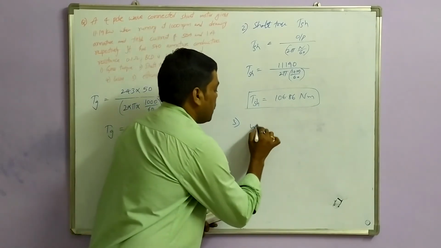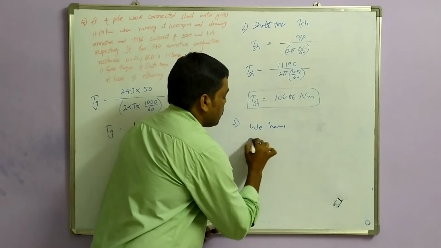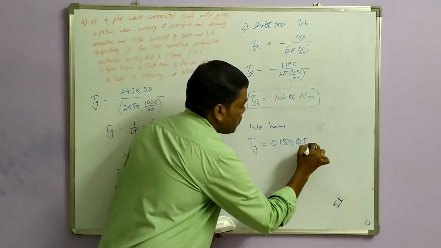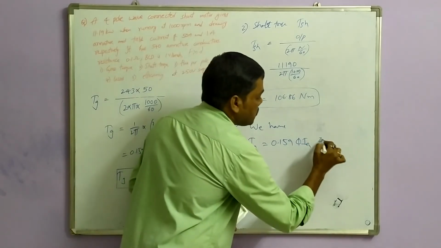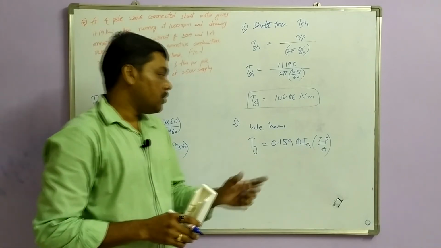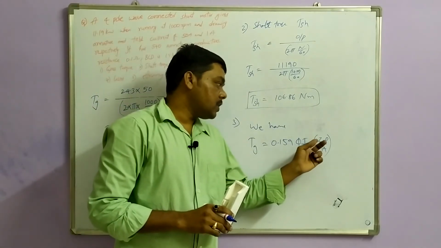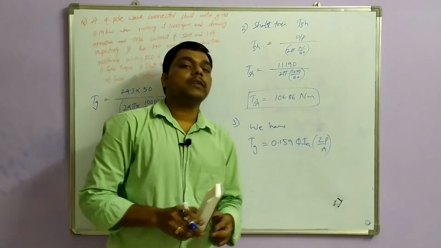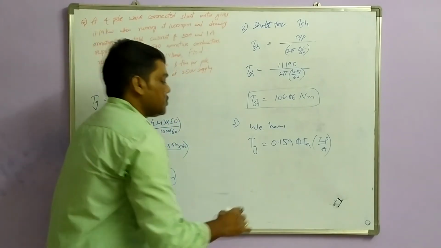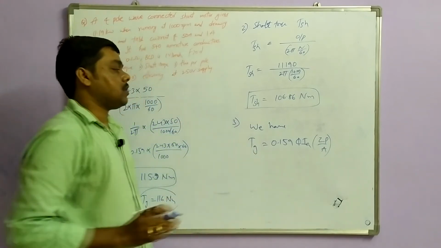Now we have Tg is equal to 0.159 flux into Ia into ZP by A. Now you observe here, we are having Ia, we are having Z, we are having P, and the number of parallel paths also. Now substitute all these, we know the gross torque also.